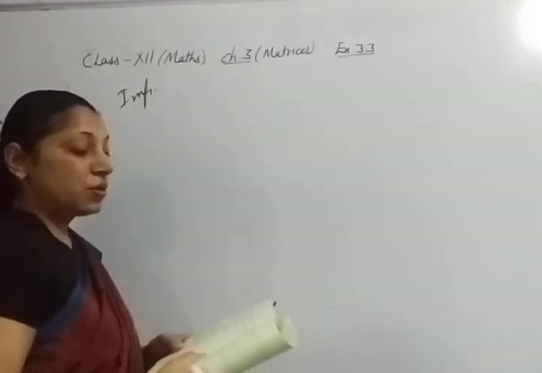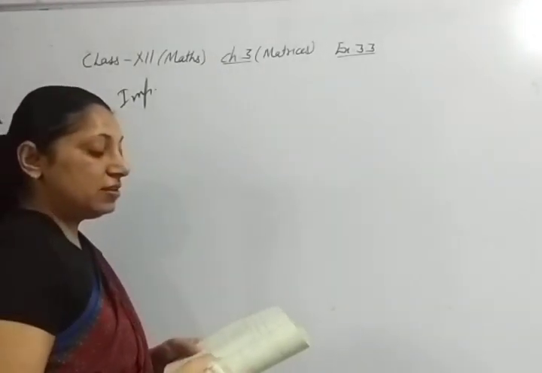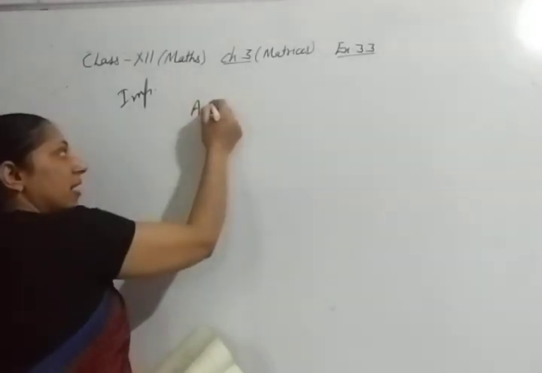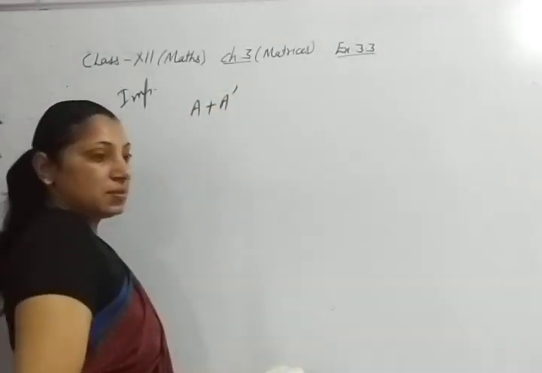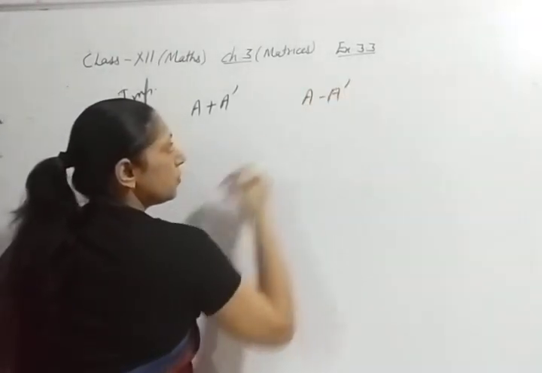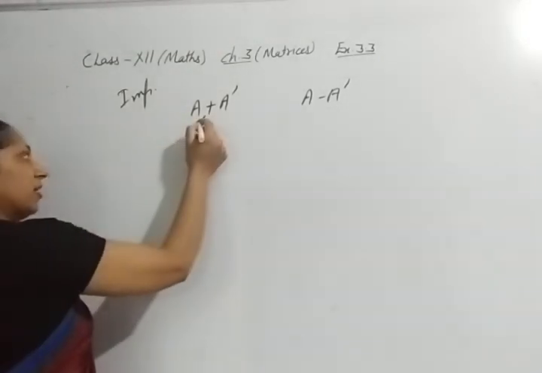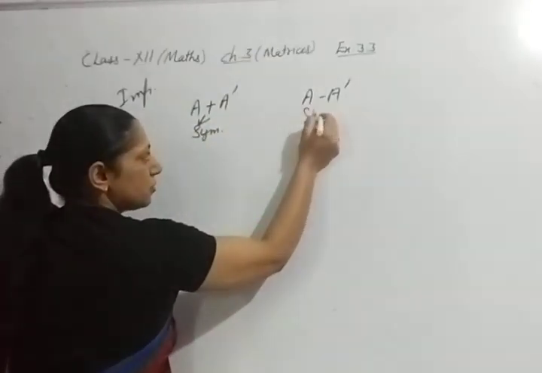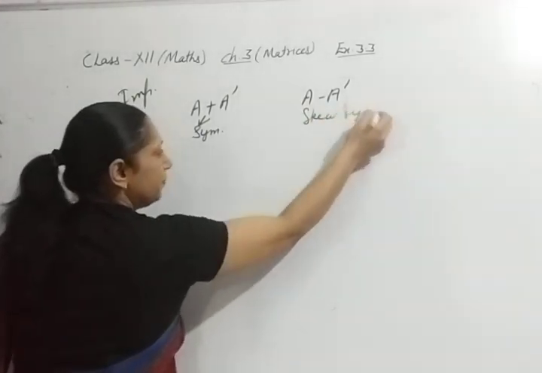For any square matrix A with real number entries, A plus A transpose is a symmetric matrix and A minus A transpose is a skew symmetric matrix. It means we have to prove this is symmetric and this is a skew symmetric matrix.